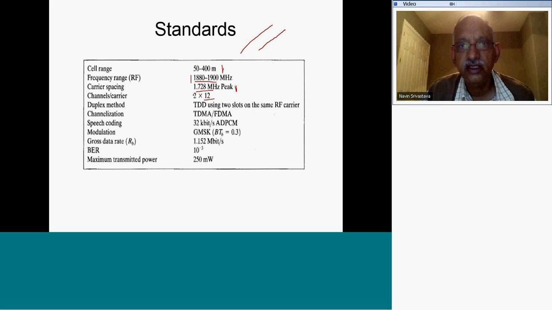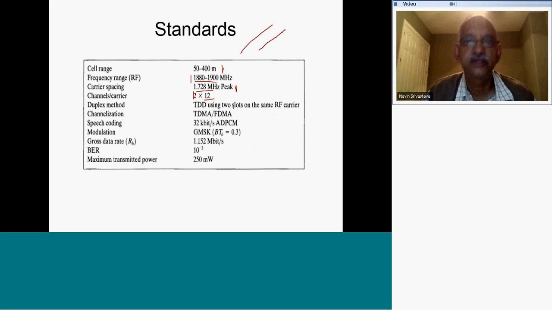And so there will be only 12 such channels in this RF range of 1880 to 1900. Then in addition to each of these channels, you will be using TDD, that is time division duplex, using two slots on the same RF carrier.